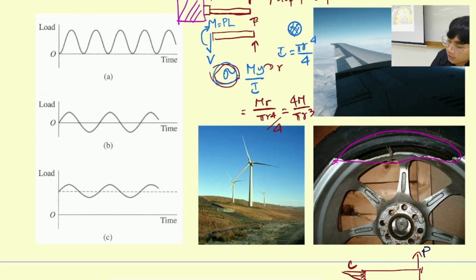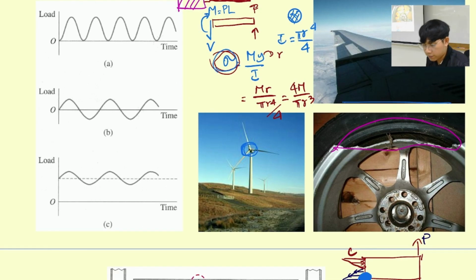For example, like the airplane wing. Okay, when you fly, the airplane is going to experience the uplift force. When you land, the wing of the airplane is going to experience zero force, which means when you go up, you're loading, and when you go down, you're unloading the force on the airplane wing, in the same behavior.